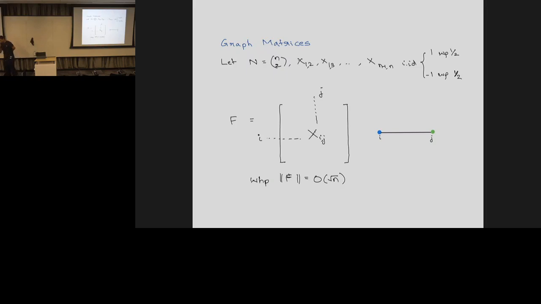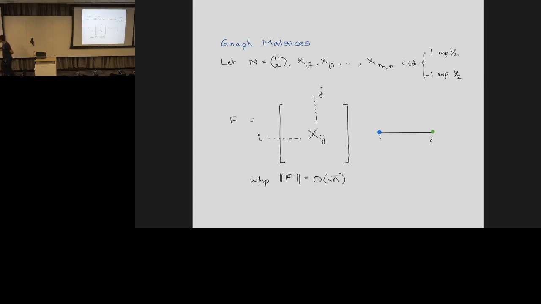Let's start with a simple example. Again, let's go back to our variables, the edges, indexed by pairs of vertices. This time let's think of a matrix where the i, j-th entry is just x_ij, and let's think of x_ij as plus or minus 1. This is nothing but, up to a slight shift by the all-ones matrix, the adjacency matrix of a G(n, 1/2) random graph.